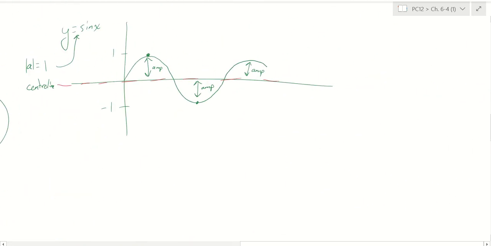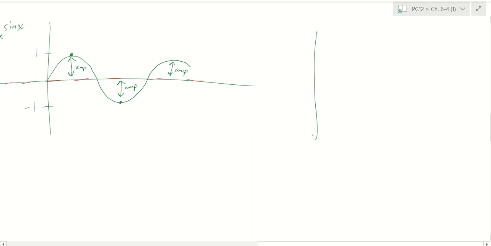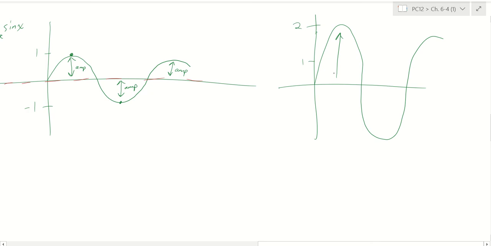For example, if this were a sound wave, so let's actually look at a wave with a different amplitude. This is a wave with a higher amplitude. So we can clearly see, let's say 1 is still right here, and maybe this is 2. What would the amplitude of this particular sine graph be? Well, the amplitude would be 2, right? The distance between this center line point and the maximum is 2. The distance between the center line point and the minimum is also 2. So that's what the amplitude is.